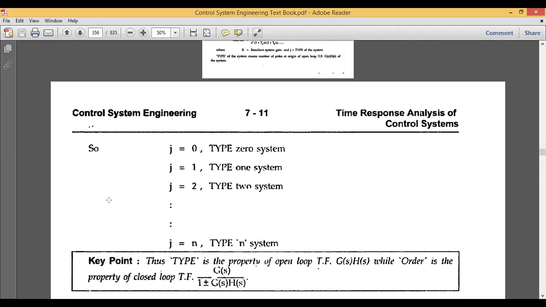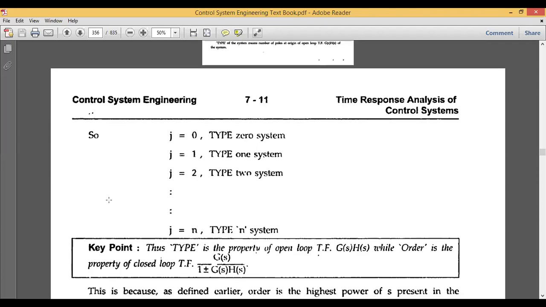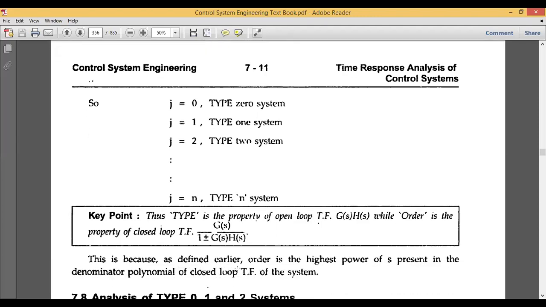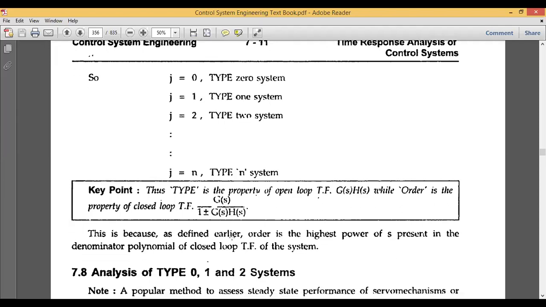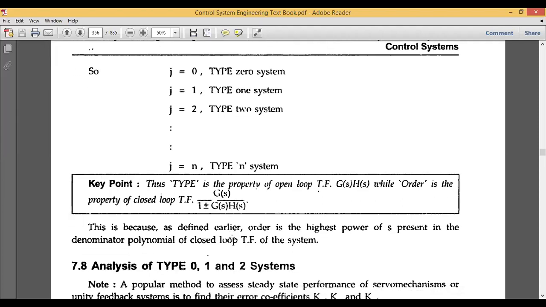So by the definition of the transfer function, it is the Laplace transform of G of S divided by 1 plus or minus G of S into H of S. In this way, we find the order of the transfer function, or the highest power of S, which is represented in the denominator polynomial of a closed loop system.